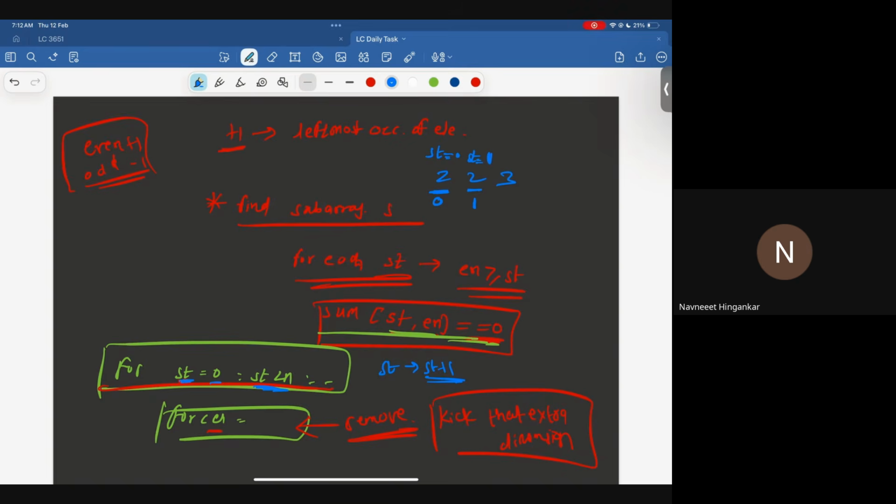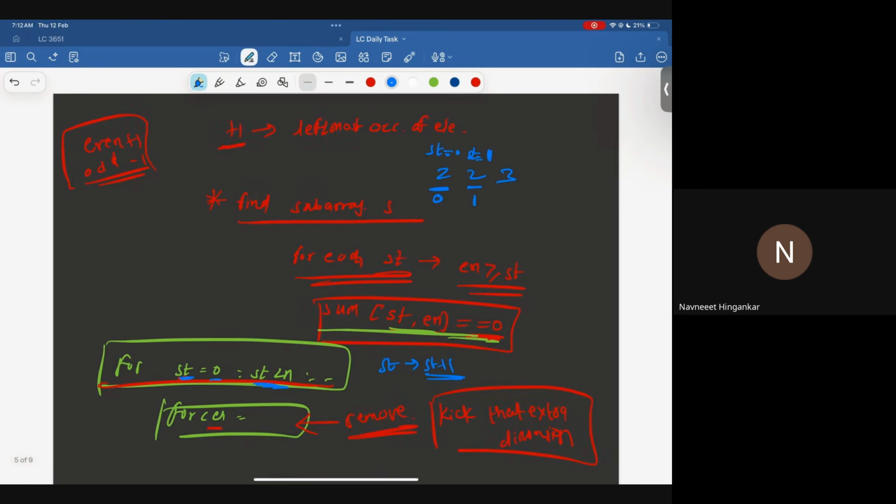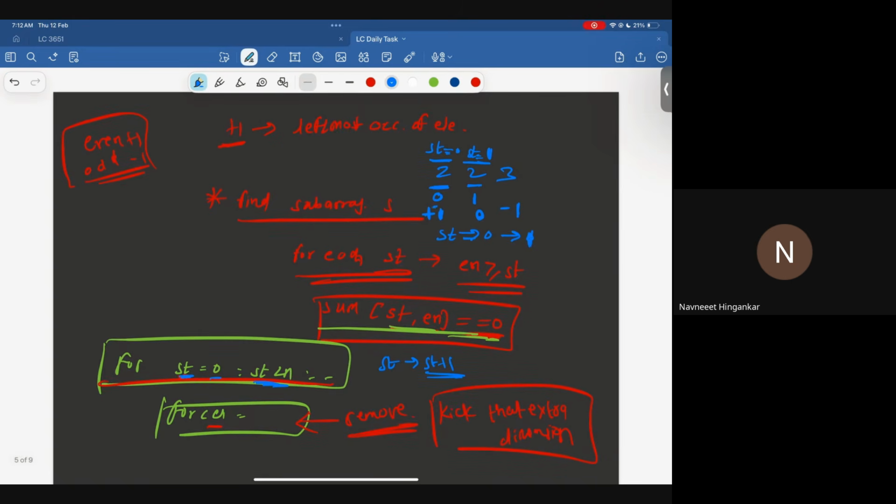Initially the plus 1 was at this index, minus 1 was at this index, and this was 0. But the moment I changed start from 0 to 1, this index got a plus 1 update.